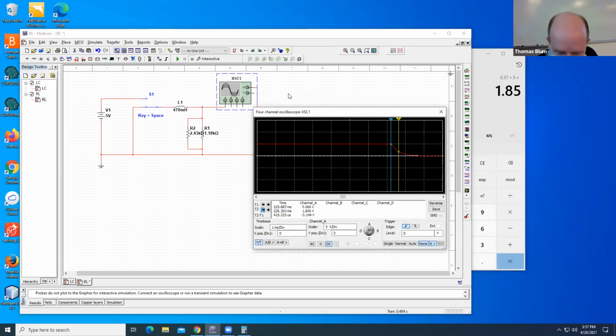Turn it on, click in the space, flip the switch up, flip the switch down, turn off the simulation. Okay, so let's work on the going up.